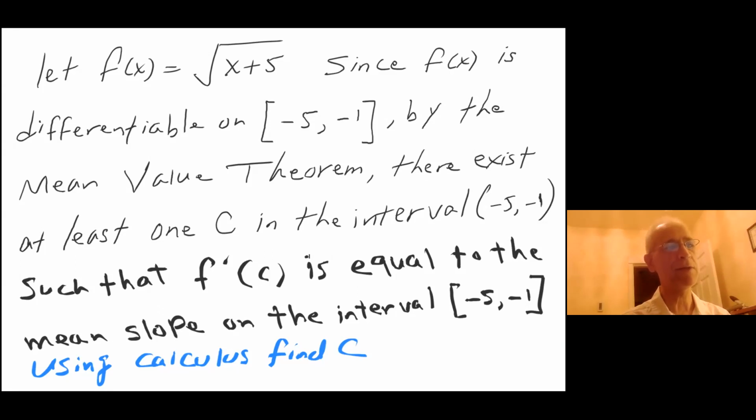So the first thing we need to do is find the mean slope, or average slope, which we learned in Math 141 as the average rate of change. So let's first find that.